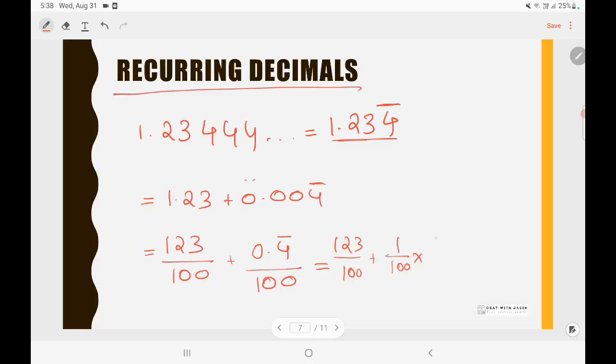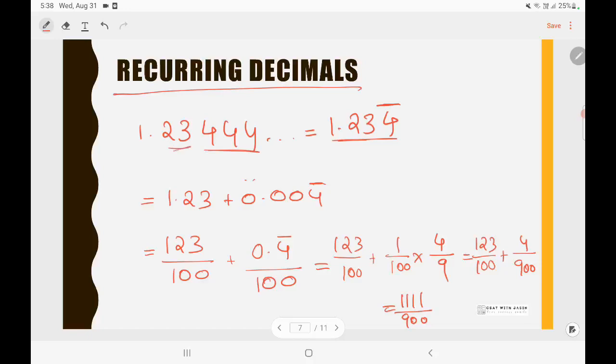We can write 0.4 bar as 4 by 9. Okay. So this will come. Now you need to solve this, right? Okay, 123 by 100 plus 4 by 900. So once you solve this, you will get 1111 by 900. So this is how you need to solve if only some of the decimals are recurring.